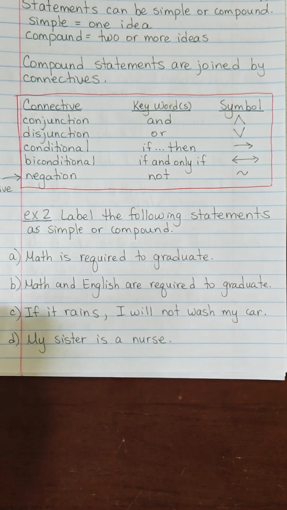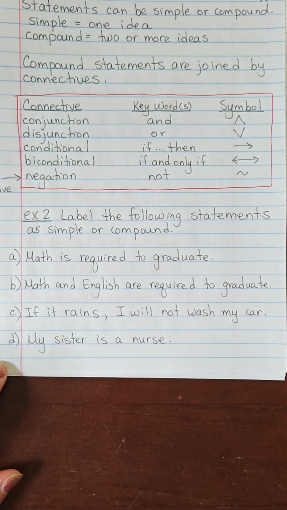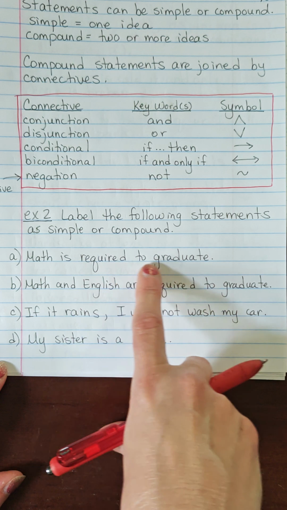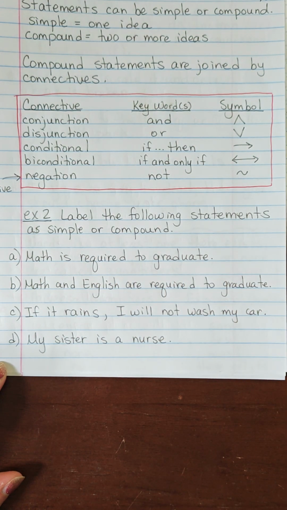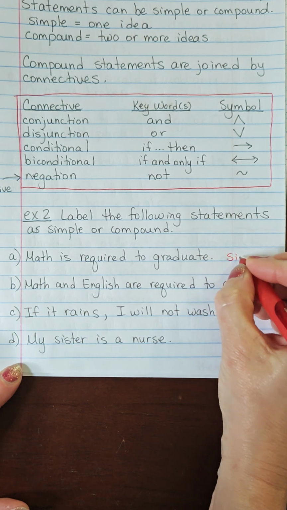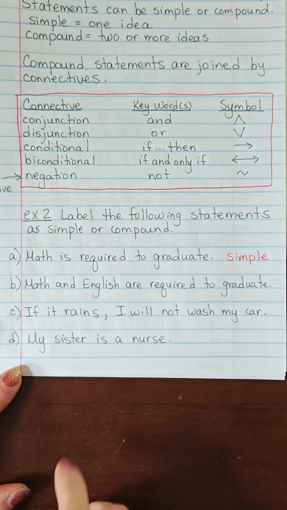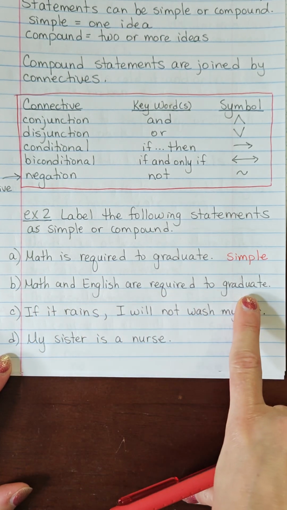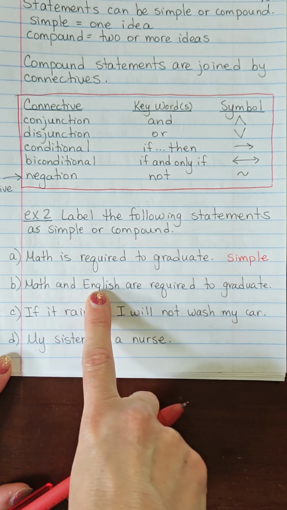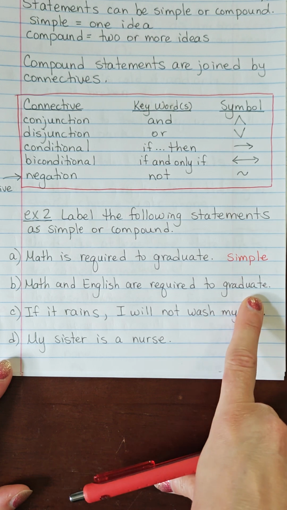Okay, so the first one, math is required to graduate. This is a simple statement. It has one idea to it. As opposed to the next example, math and English are required to graduate.